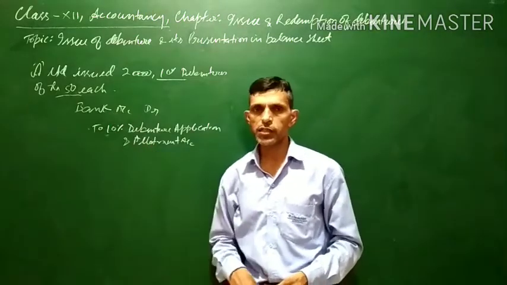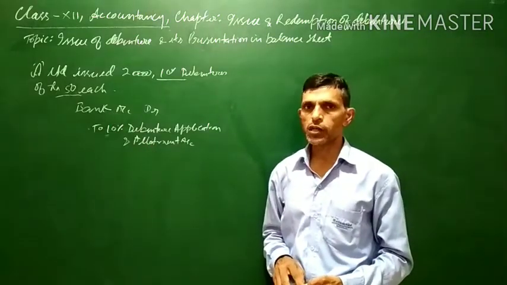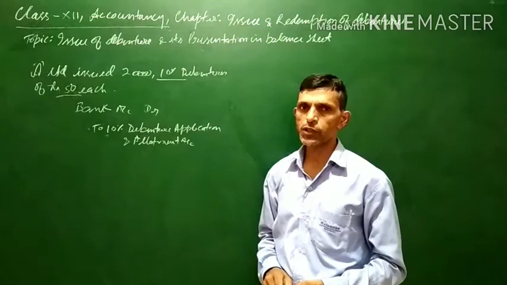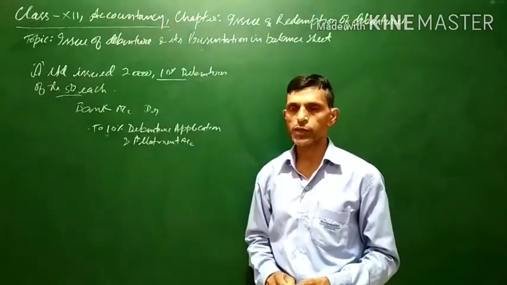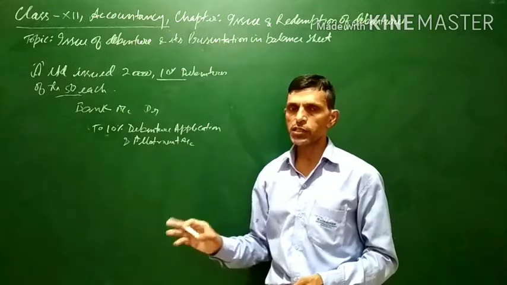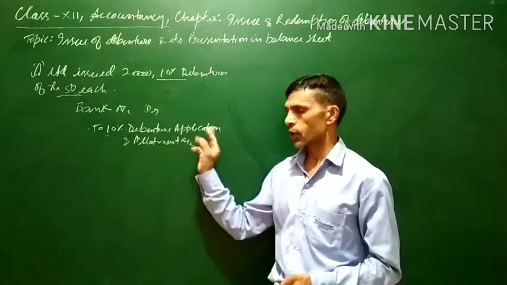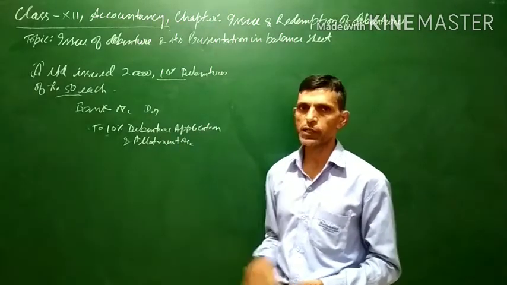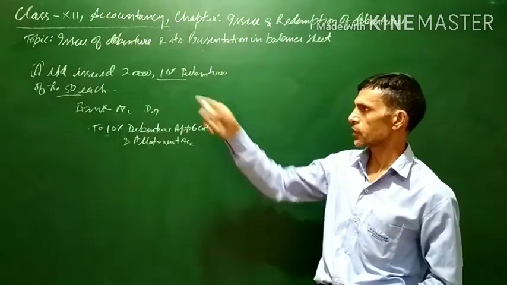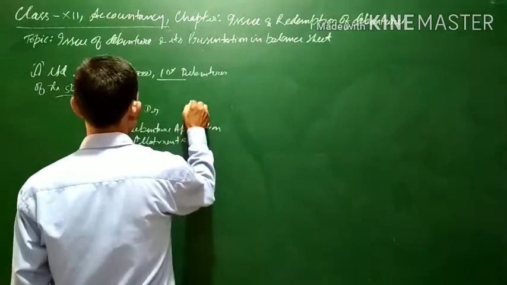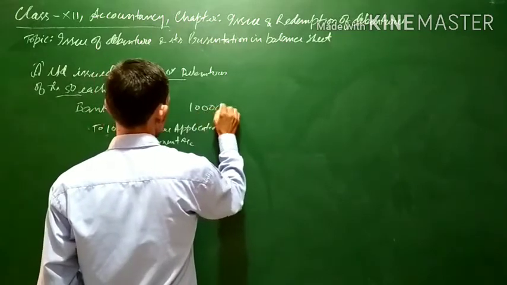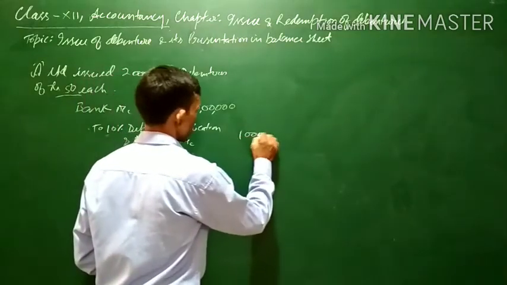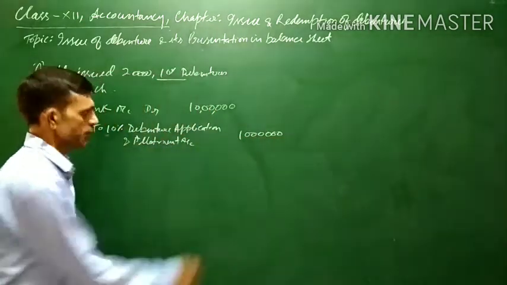So, if the whole amount of the debenture is called at the time of application, then we credit the amount we receive to debenture application and allotment account. Now, 20,000 debentures at the rate of rupees 50 each will come to 10 lakh, with 5 zeros. This will be the journal entry.